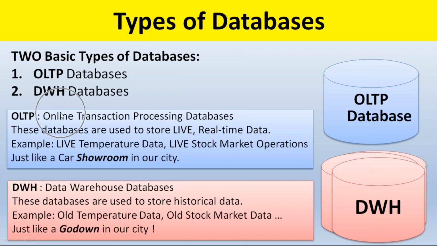OLTP, online transaction processing databases, to store live real-time data, example, live temperature, live stock market operations, just like a car showroom. Data warehouse, to store historical data, inactive data, like old temperature data, old stock market operations. That is warehouse.